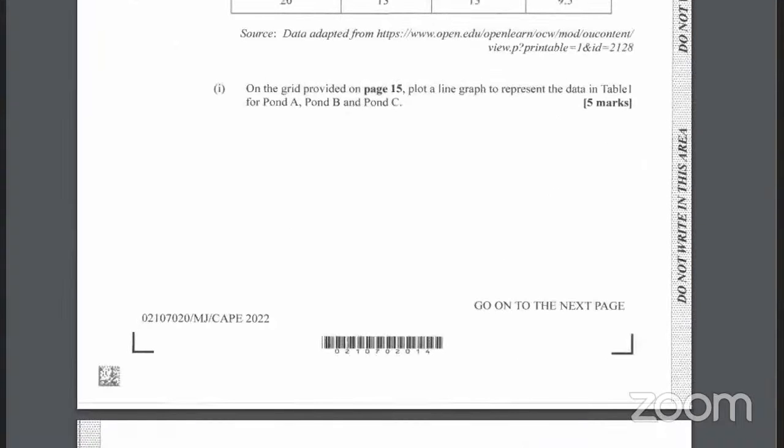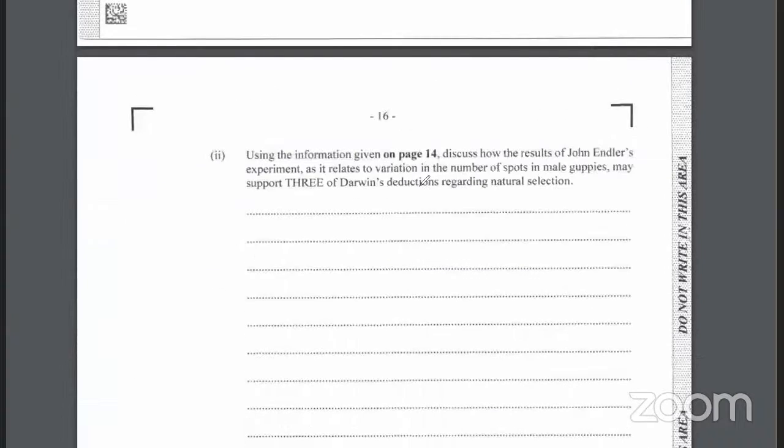And you will plot a graph. After that, they want you to use the information to discuss how the results of the experiment relate to variation in the number of spots in the male guinea pigs and may support 3 of Darwin's deductions regarding natural selection.